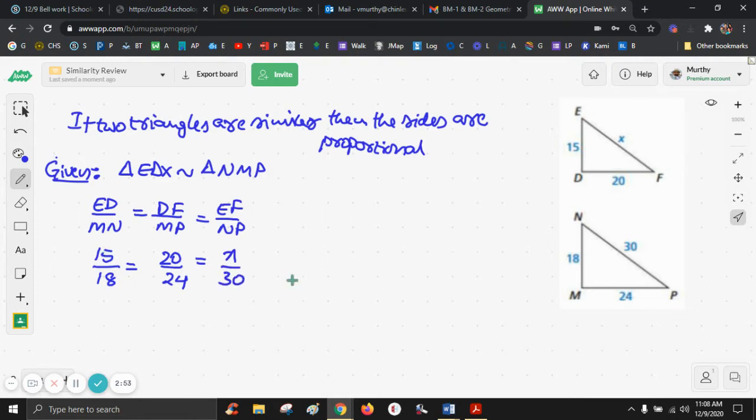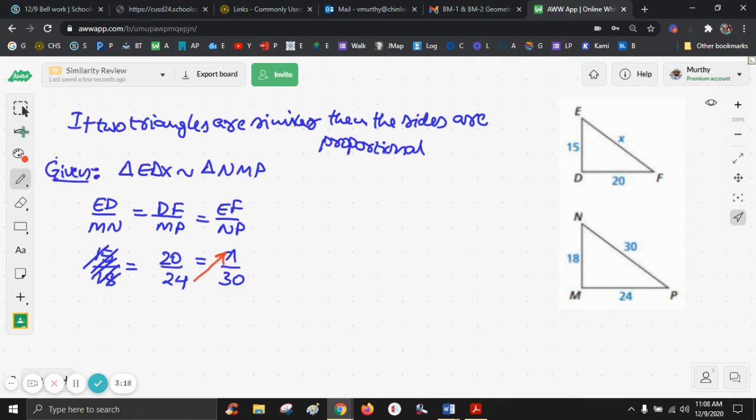While solving the problems, you have to take one known numerator and denominator and one missing, either numerator or denominator. You need not take both the fractions, so I'm striking one of them. So now 20 over 24 equals x over 30.